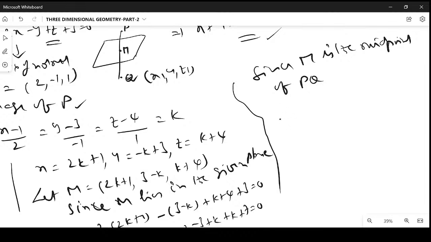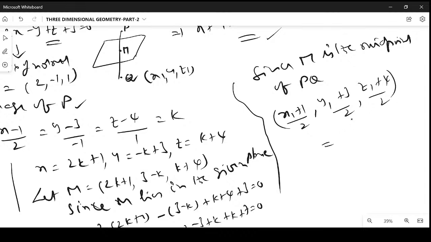We know that point P is given as 1, 3, 4. With the midpoint formula, I can write (x1 plus 1) by 2, (y1 plus 3) by 2, and again (z1 plus 4) by 2, the midpoint of PQ.